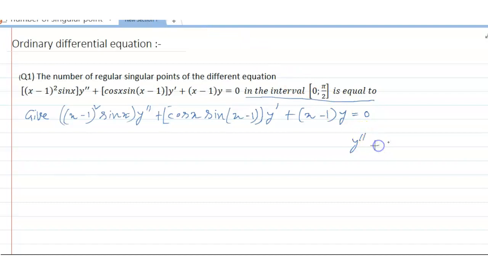y double dash plus p(x) y dash plus q(x) y equals to 0.